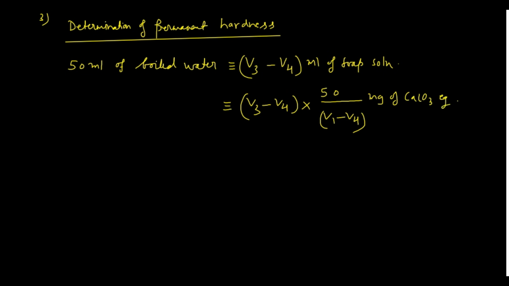And now, we always do the calculation for 1 liter, so for 1 liter or 1000 ml. See what I will do here, I am doing it in a different manner. So for 1 ml, it is V3 minus V4 divided by V1 minus V4, multiplied by 50, which is already there.